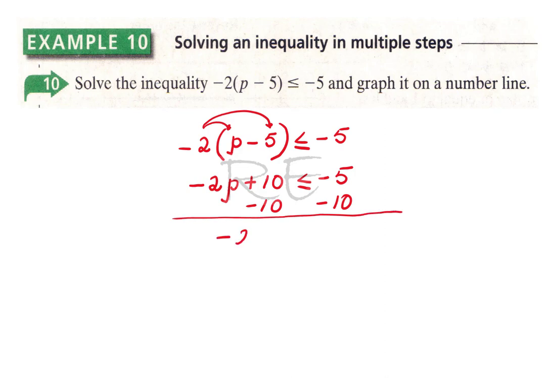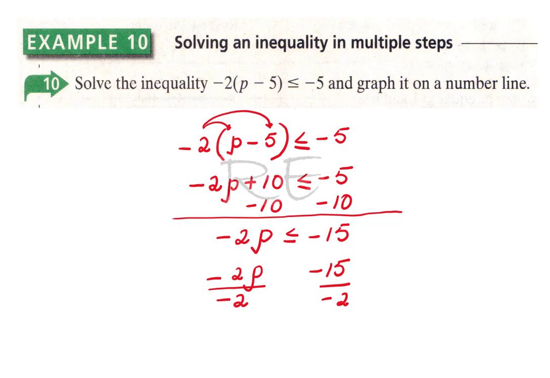Then negative 2p is less than or equal to negative 15. And when we divide both sides by negative 2, we have to reverse the inequality. We're dividing by a negative number.